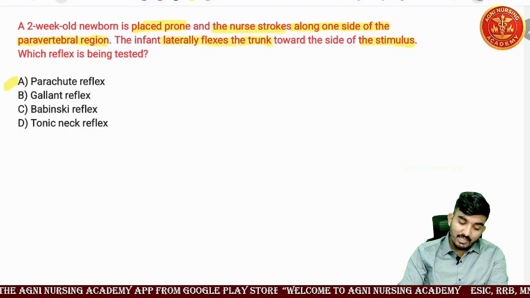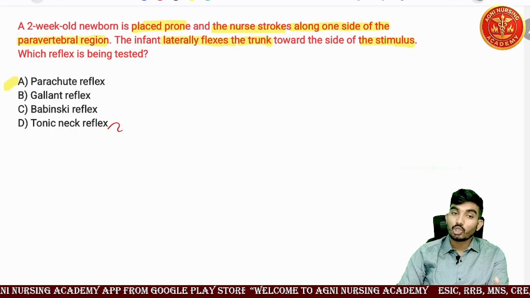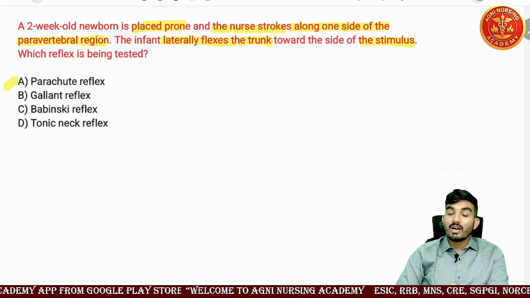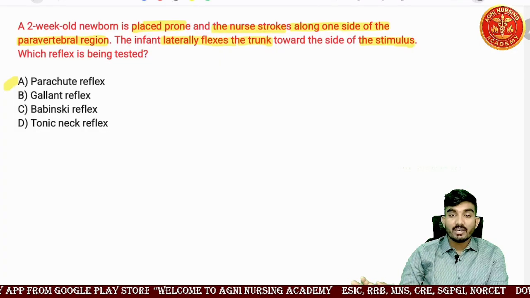Okay. Already we have discussed the tonic neck reflex. In it, the head movement is done, and the same side extension of extremities occurs.